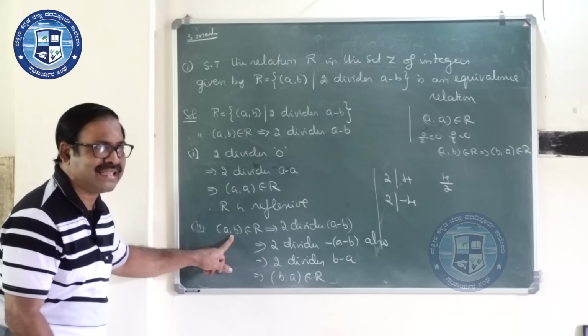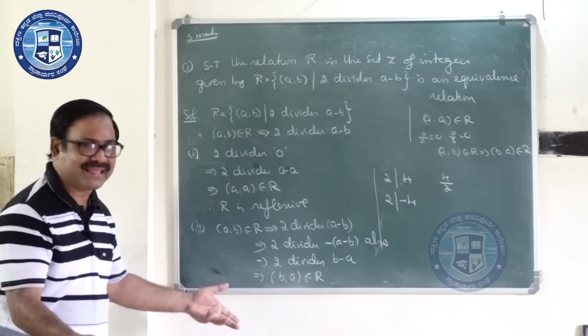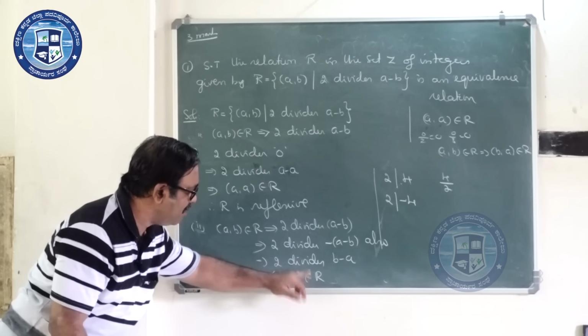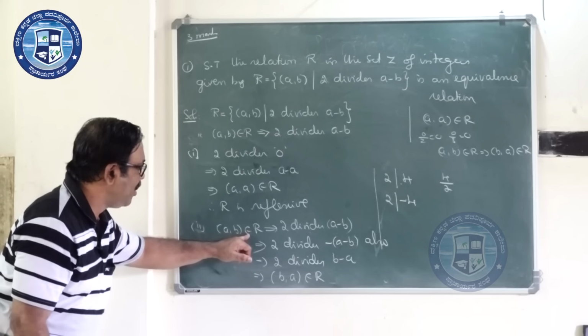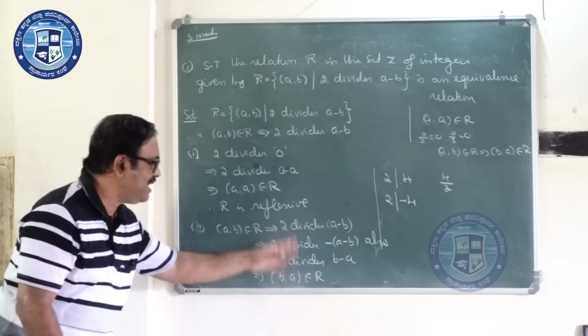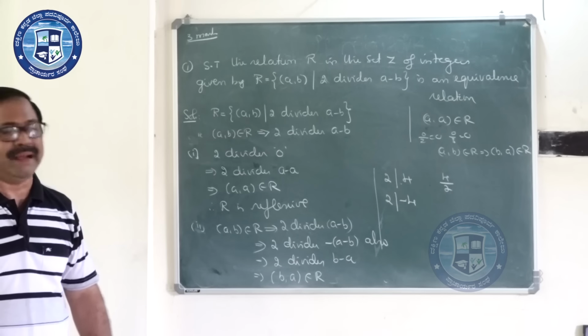Now does it prove that it is symmetric? Yes. See, (A, B) belongs to R, I got (B, A) belongs to R. So (A, B) belongs to R means (B, A) belongs to R. Therefore the relation is symmetric.